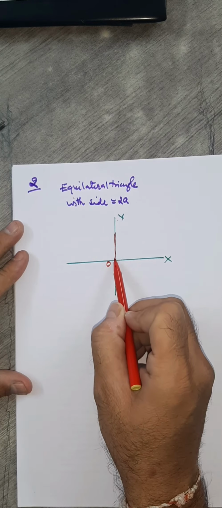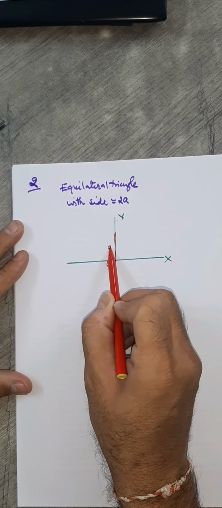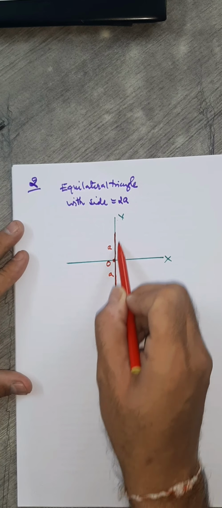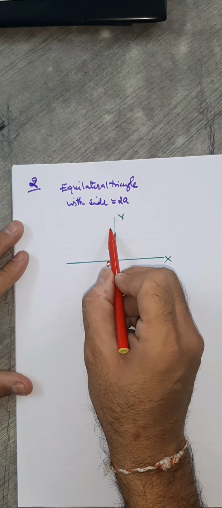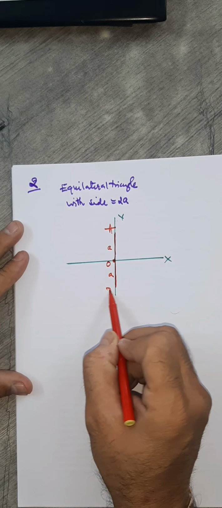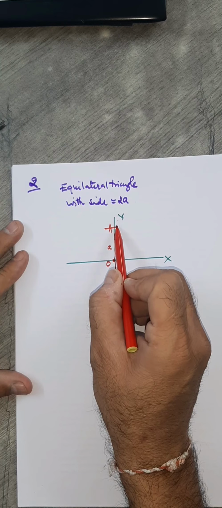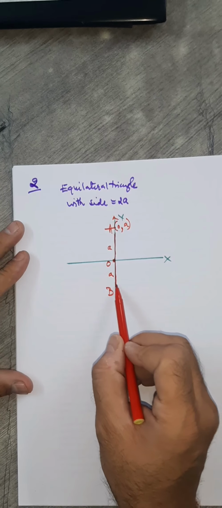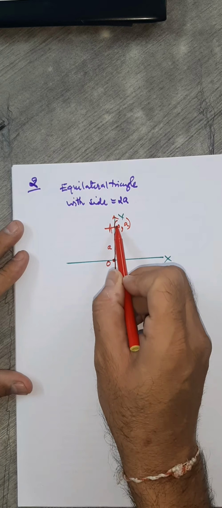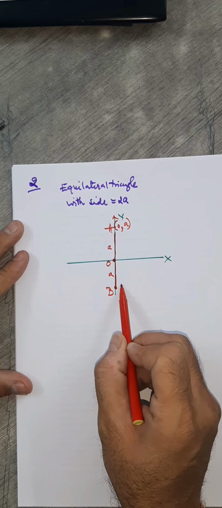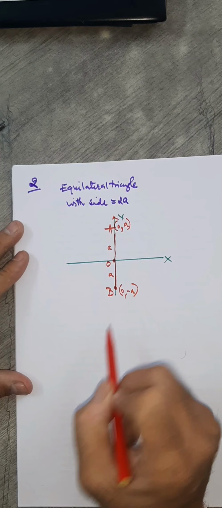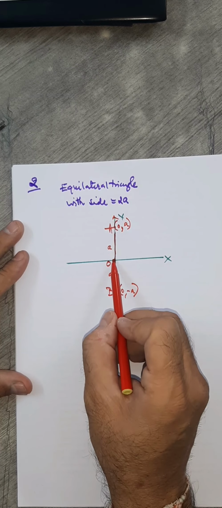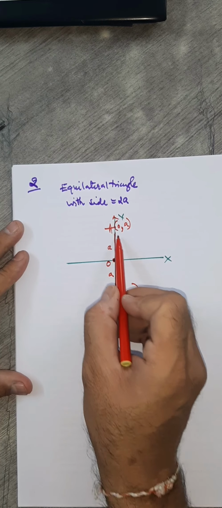Total length is 2a, so this much has to be a, and this much has to be a. If I call these A and B, then obviously the coordinates of A will be 0, a because it is on the y-axis, so the first coordinate has to be 0, and B is in the lower half plane, so 0, minus a.